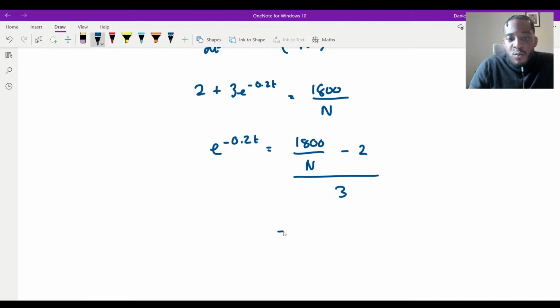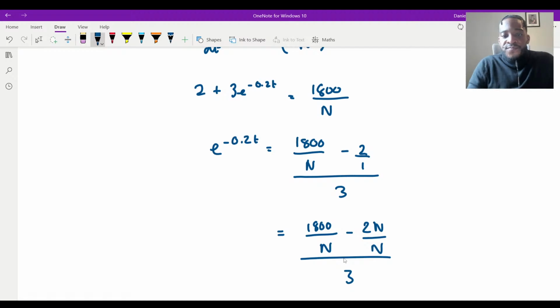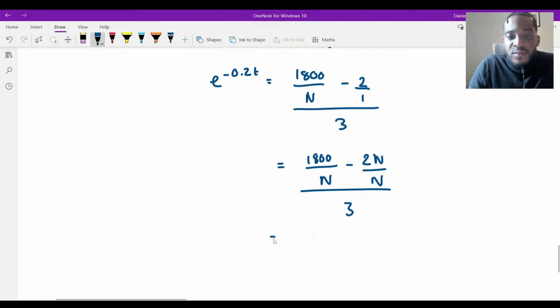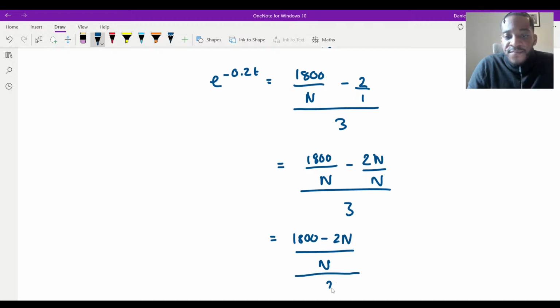I want a common denominator, so I write the 2 over 1, and it's going to be 2n over n. Then I have 1,800 minus 2n over n, all over 3.